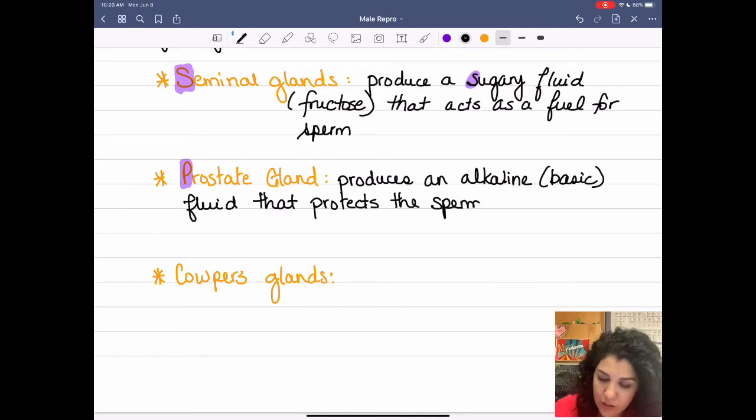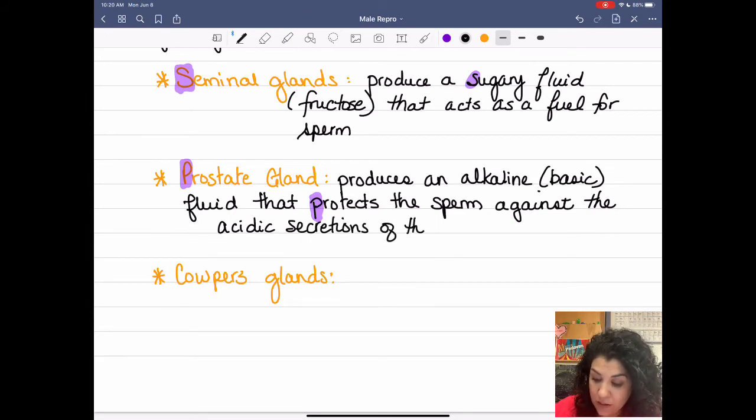So I want you to think of P, prostate, protect, okay? And it protects the sperm against the acidic secretions of the female vagina.